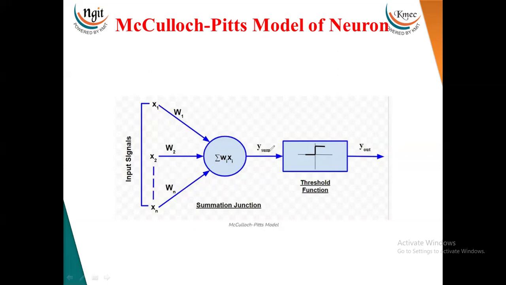This is our summation, and you'll get the y sum. If it is greater than or equal to the threshold, you get y out as 1. If the y sum is less than the threshold, we get the output as 0.